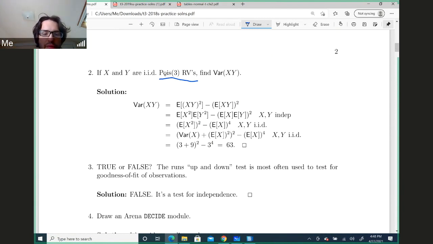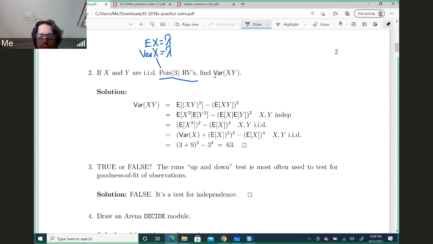So for a Poisson random variable, we know that E of X is equal to lambda, and the variance of X is also equal to lambda. So we know that much.